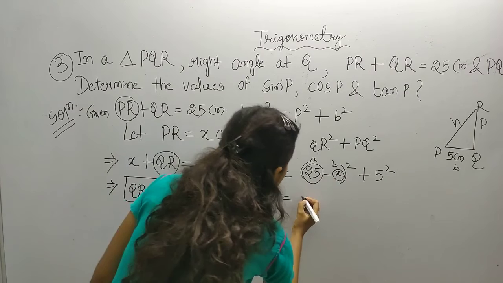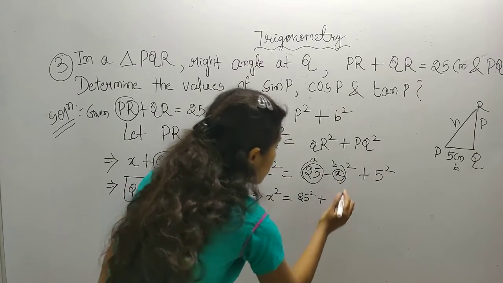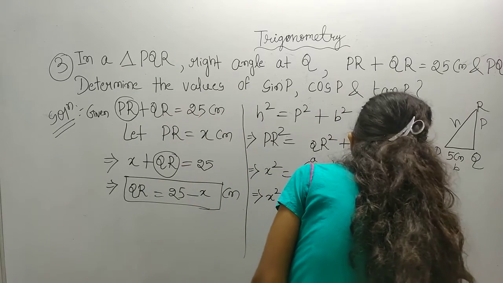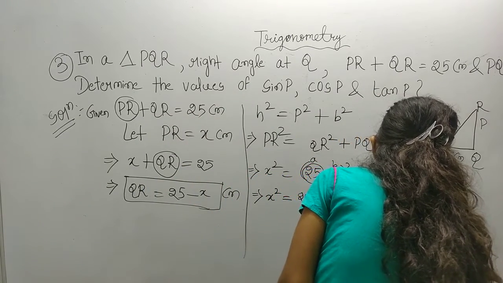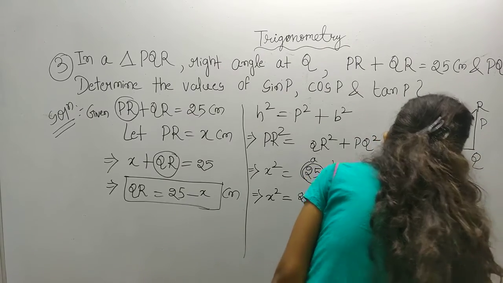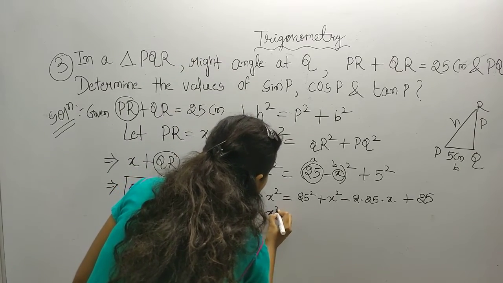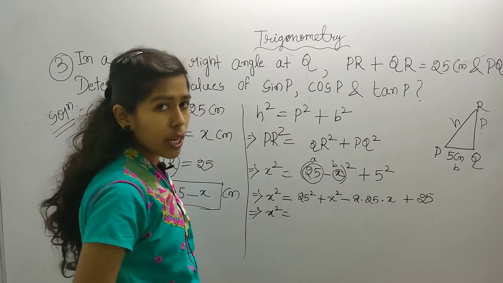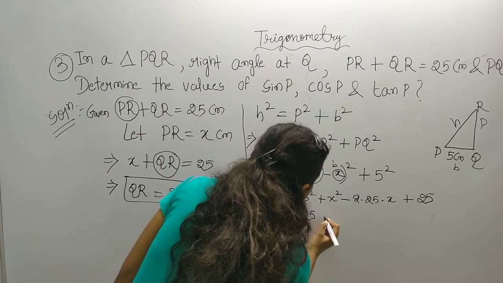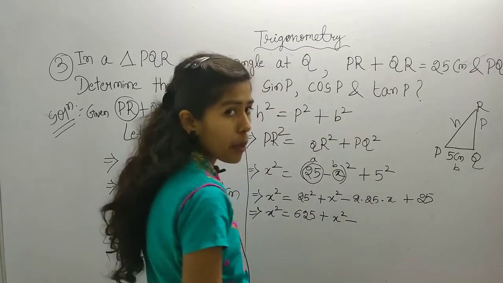So A square means 25 square plus B square means x square minus 2 into A is 25 into B is our x, plus 5 square is 25. Now that implies x square equals 25 square is 625.